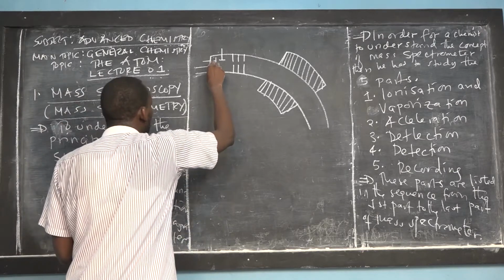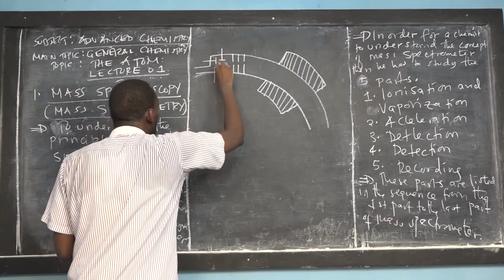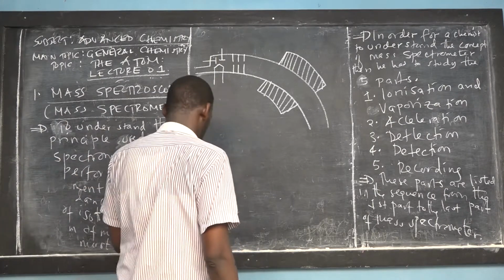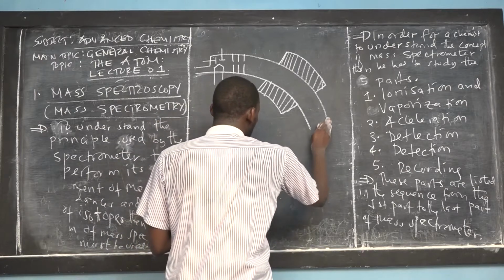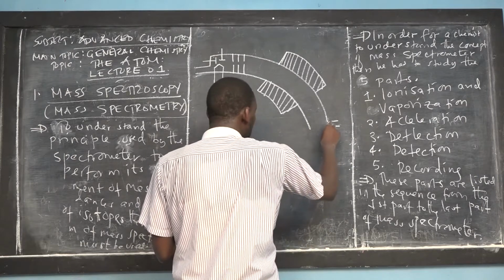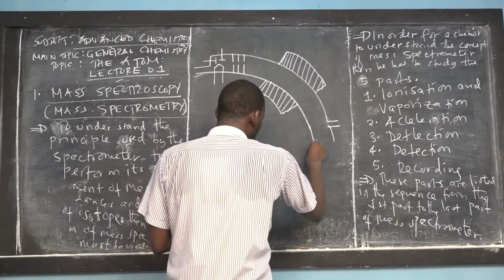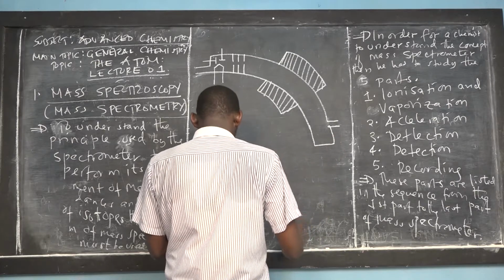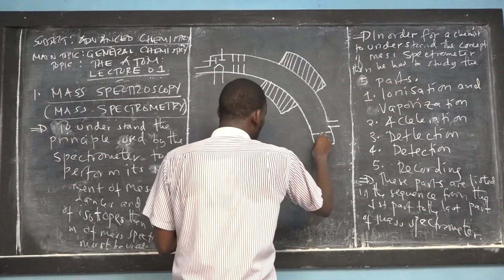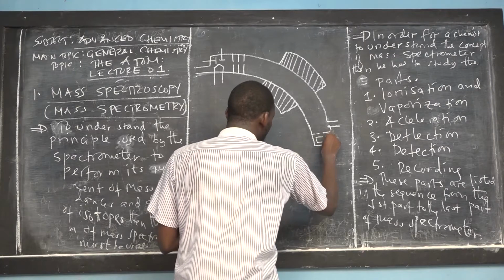So here we have a heating filament. And then this point, you have vacuum pump, a spectrometry routine at this point. Then we have again another part here.